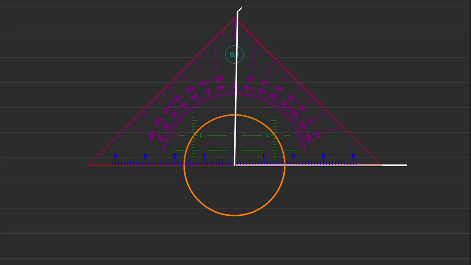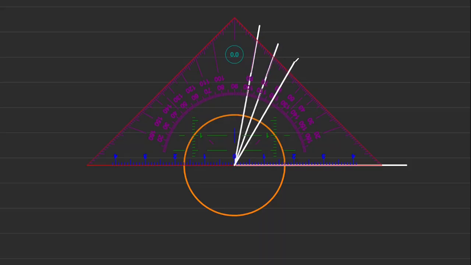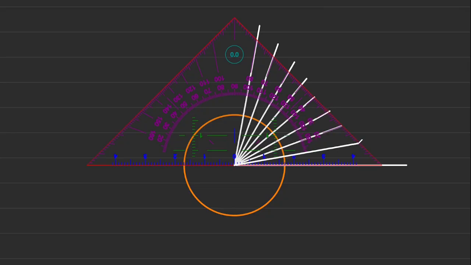This would be 89. You see? Any angle within this range. So let's take it in multiples of 10s. We have 80, 70, 60, 50, and then 40, 30, and even 20, and then 10 as well.